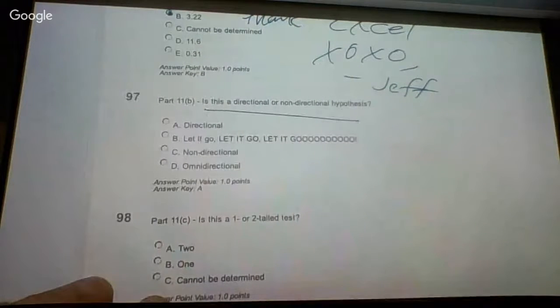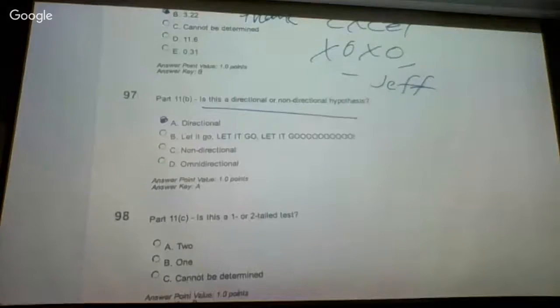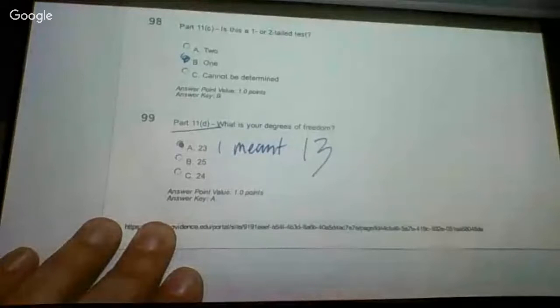Is this a directional or non-directional hypothesis? I believe this is a directional hypothesis. Is this a one or a two-tailed test? It's a one-tailed test. I'm at 13, so choose A for 99. 100, the critical value, we need to look up. This was a one-tailed hypothesis.